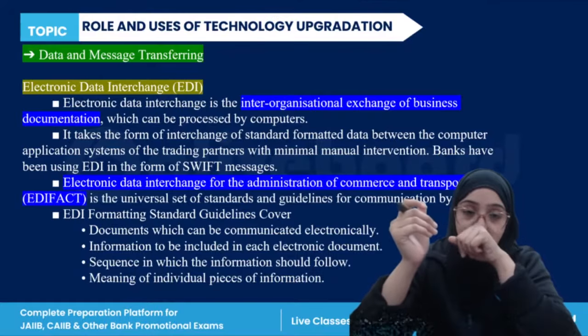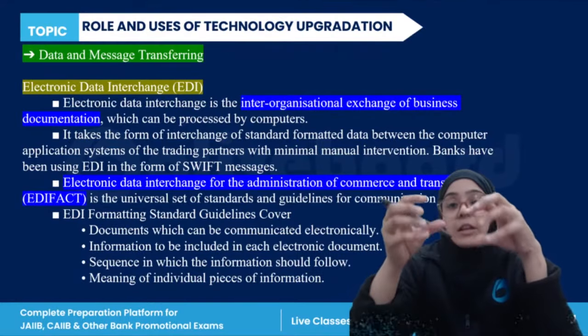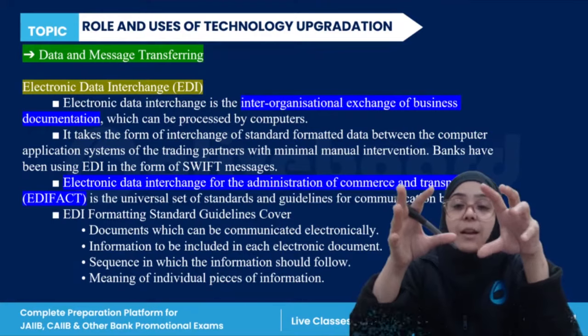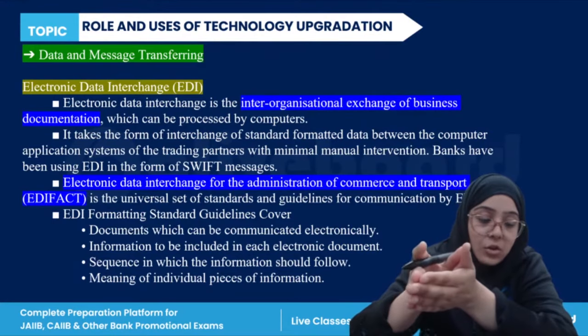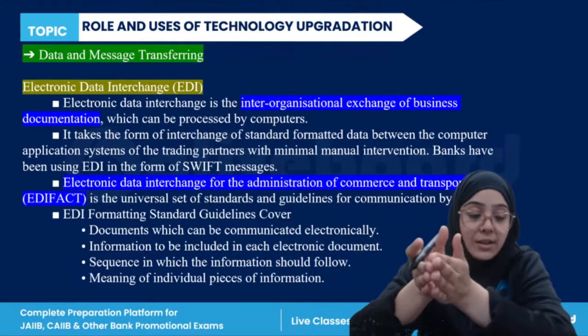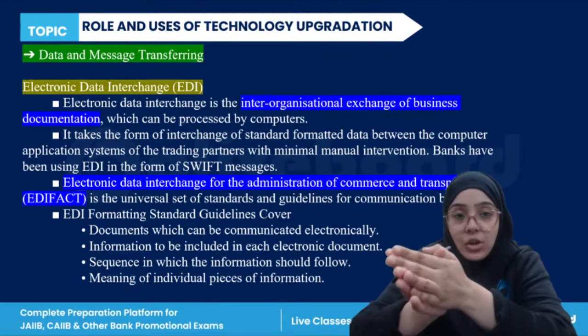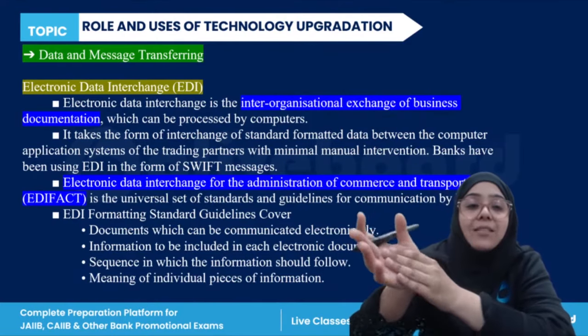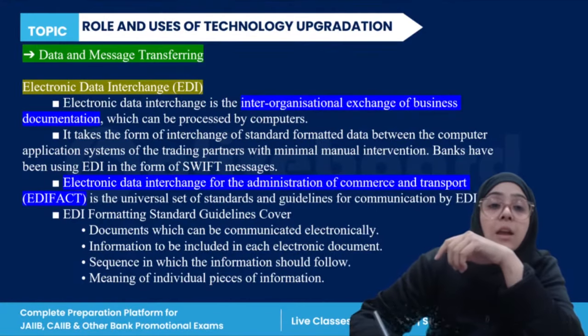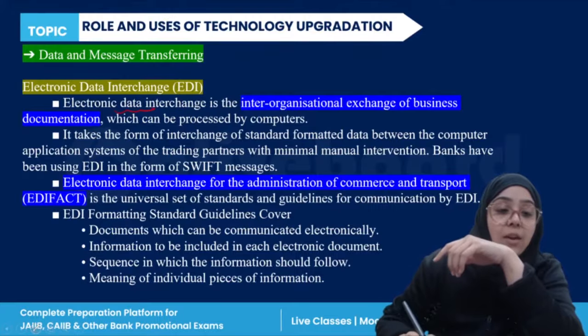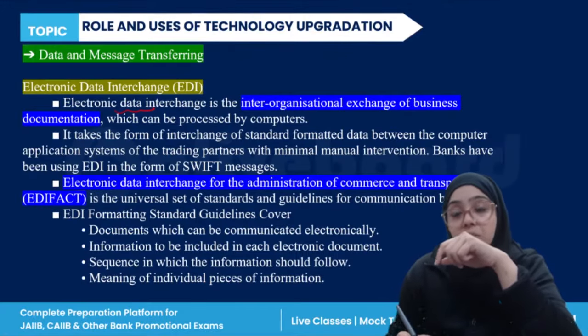So if by using computers you have to exchange any type of business documentation, inter-organizational exchange of business documentation which can be processed by the computer, it is known as electronic data interchange, right?